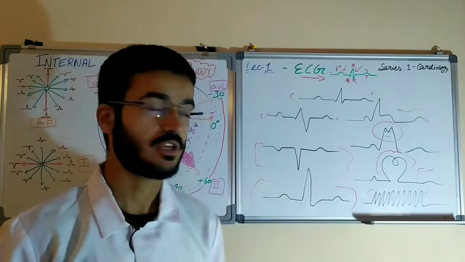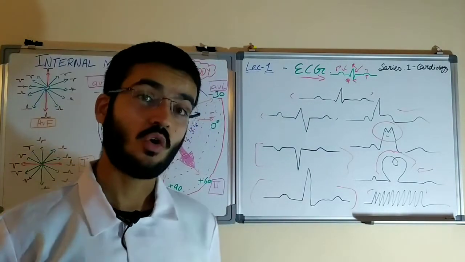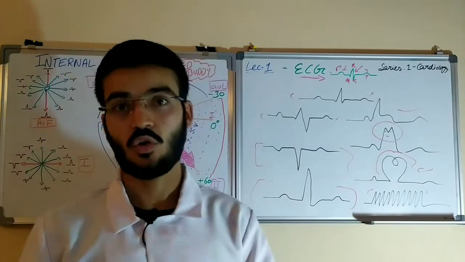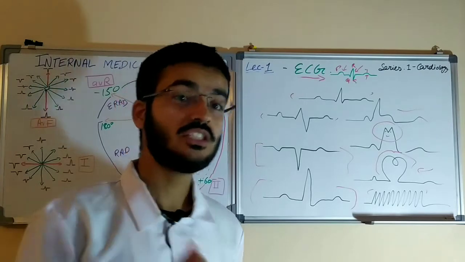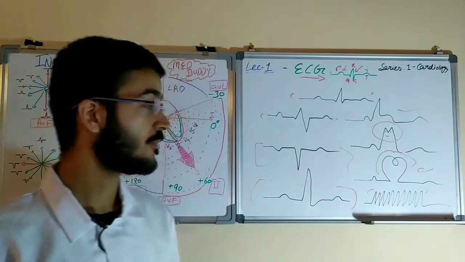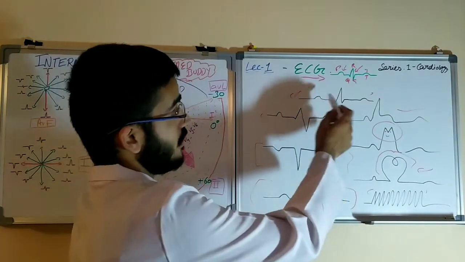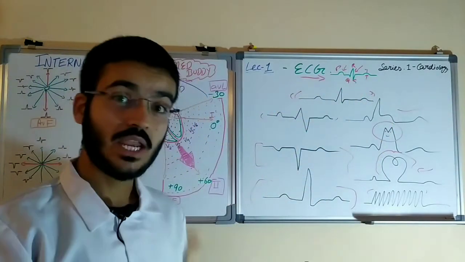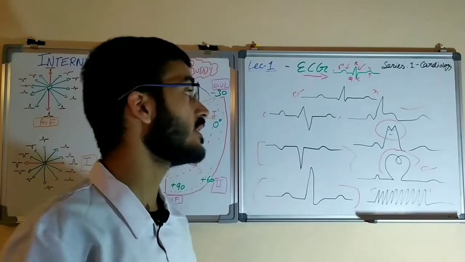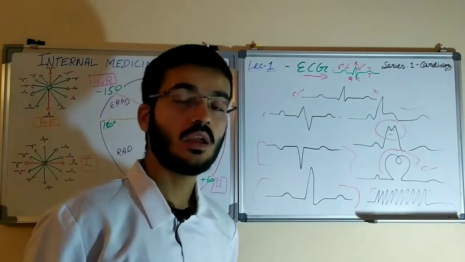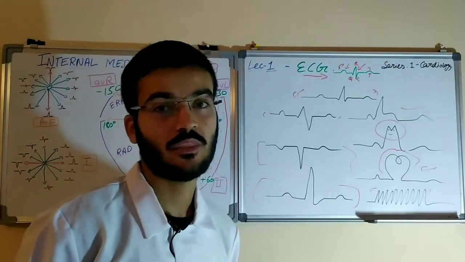What is an ECG? ECG is the graphical representation of the electrical activity of the heart. It basically tells about the electrophysiology of the heart in the form of a graph, where it is represented in the form of waves. To understand the meaning of these waves, we must have very basic knowledge of vectors.